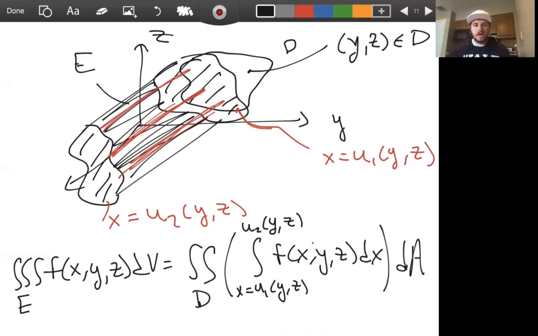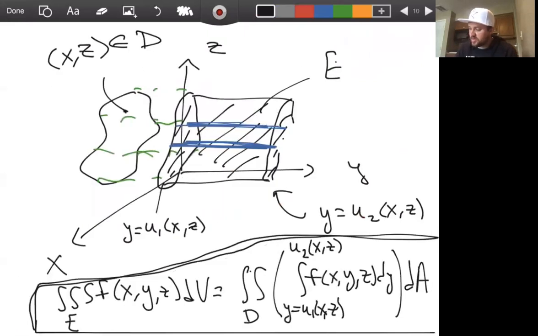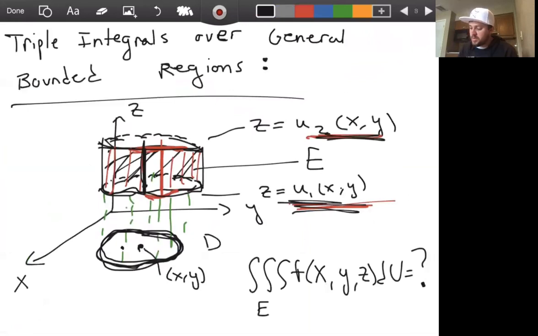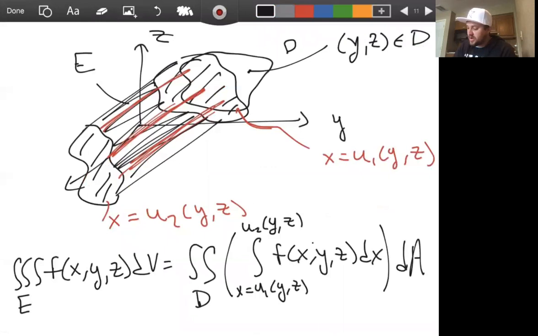And so there are three ways that we can consider a generalized region. It's bounded between surfaces that are functions of x and y, or it's bounded between surfaces that are functions of x and z, or it's bounded between surfaces that are functions of y and z.